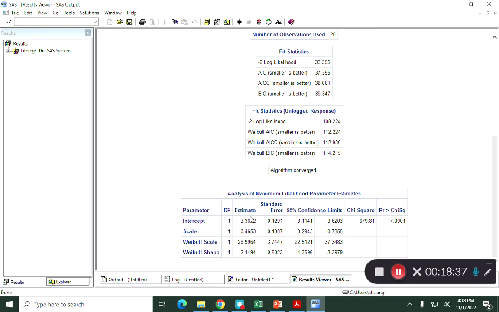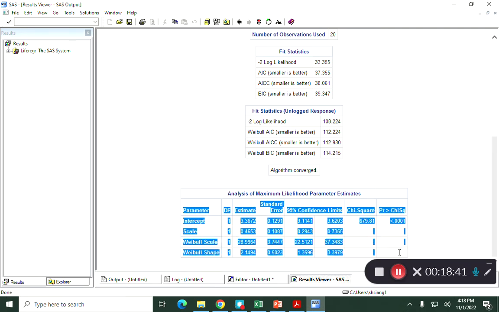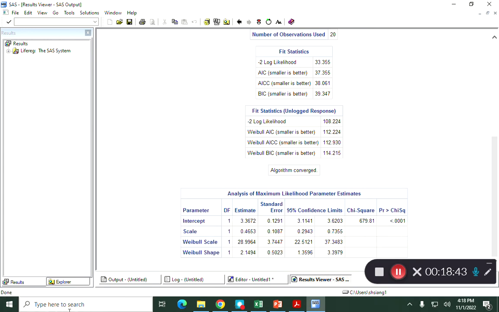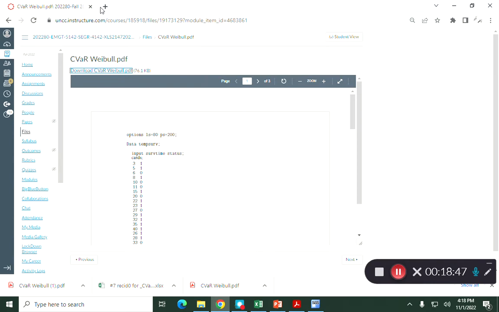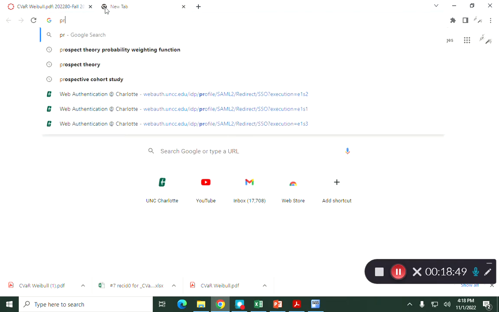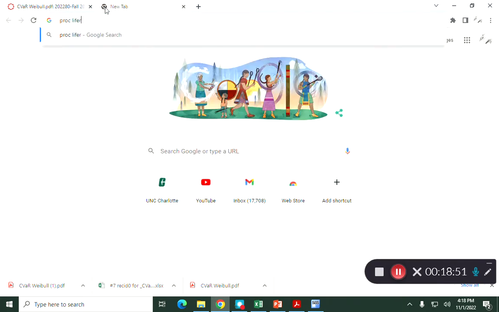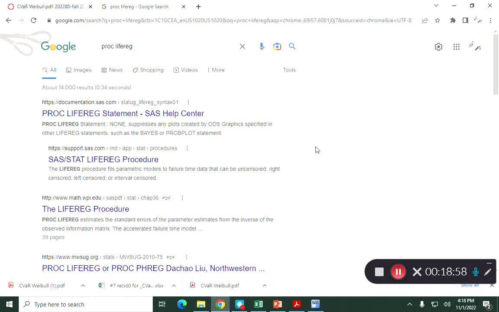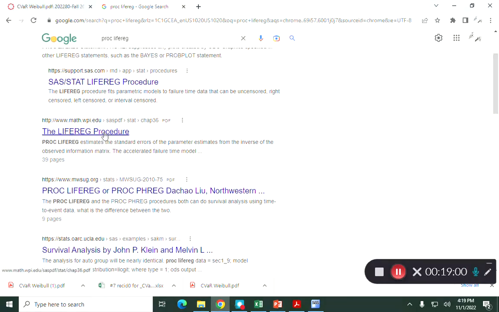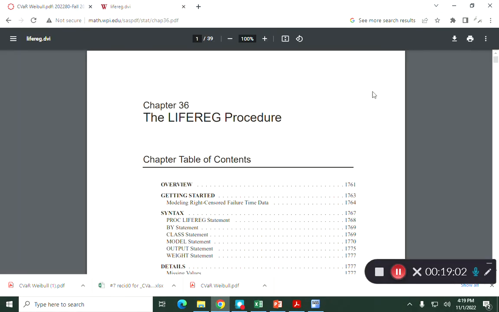But what is really important is now we have several parameters here, okay? And I would like you to do this, go to SAS, proc lifereg, okay? And once you have the proc lifereg, you can see there's a proc lifereg procedure.